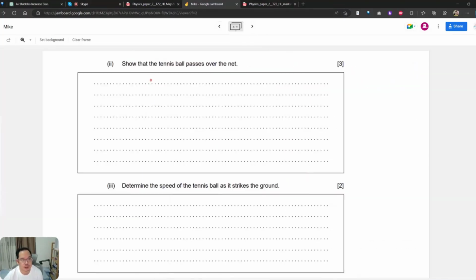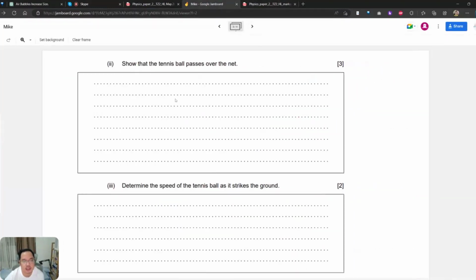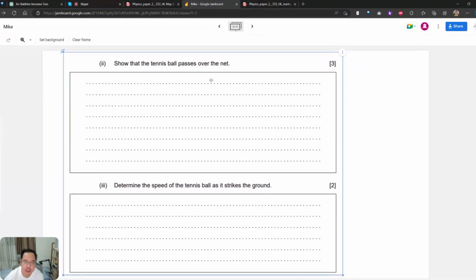The next question, question 2. This kind of problem is called a projectile motion problem. The next one: show that the tennis ball passes over the net.